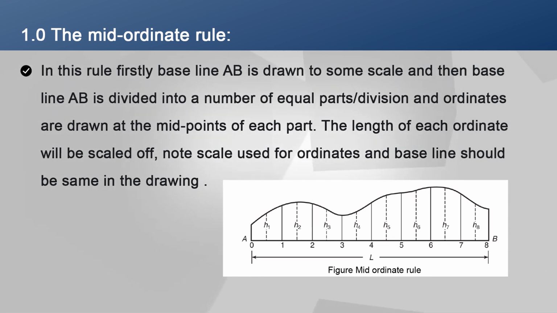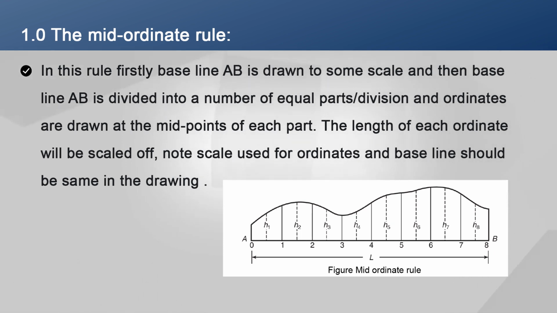This is the beauty of this particular rule. The ordinates and offsets are drawn at the midpoint of each division, not at the division point, which is the case for the remaining methods. So, again I will repeat, the baseline AB is divided into a number of equal parts and ordinates are drawn at the midpoint of each part.